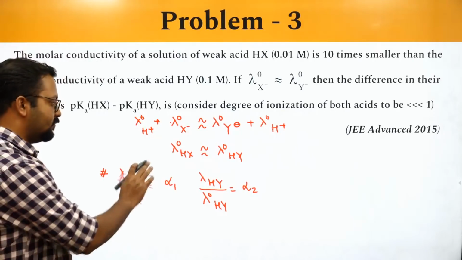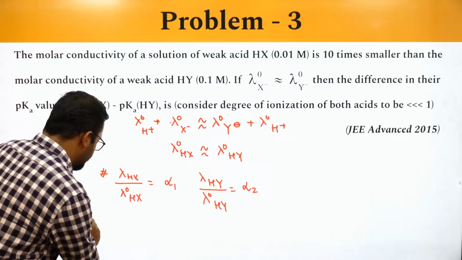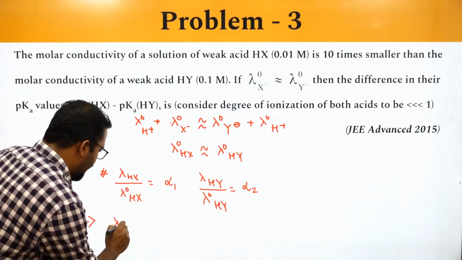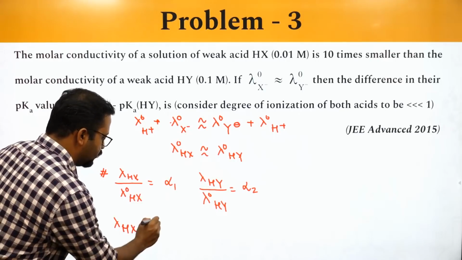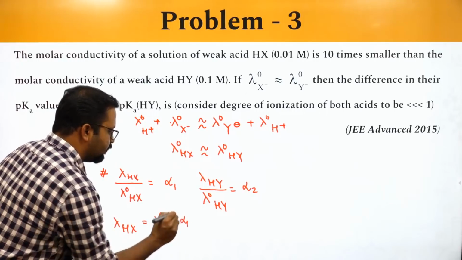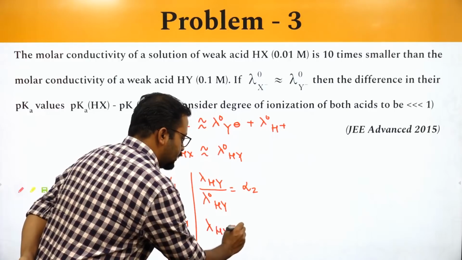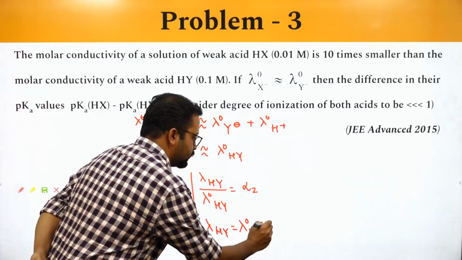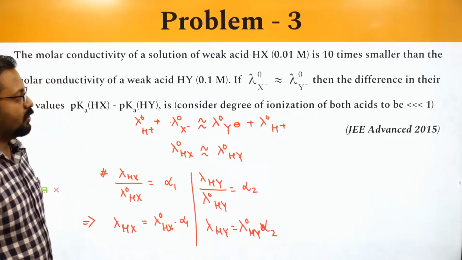Okay, fine. Now I can write lambda hx is equal to lambda naught hx times alpha 1, lambda hy is equal to lambda naught hy times alpha 2.